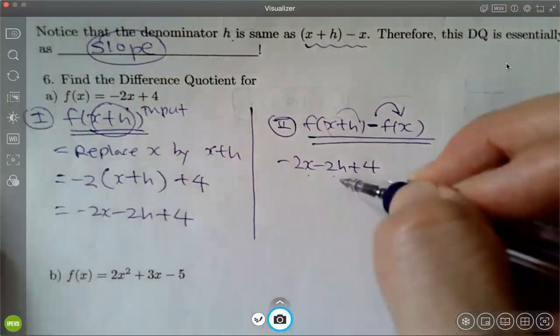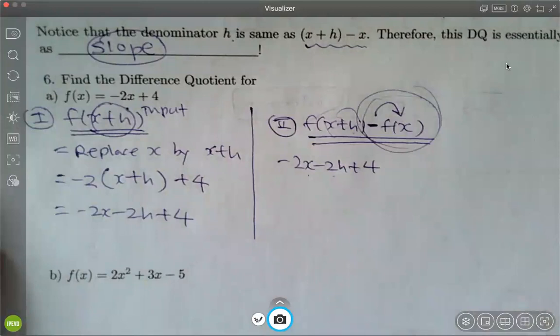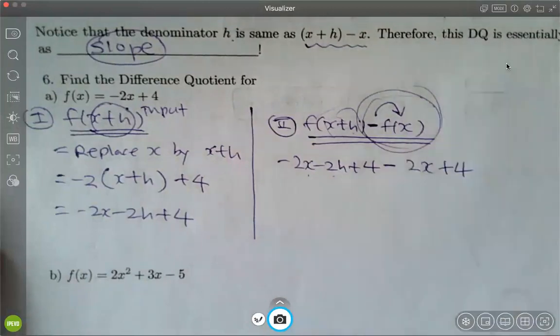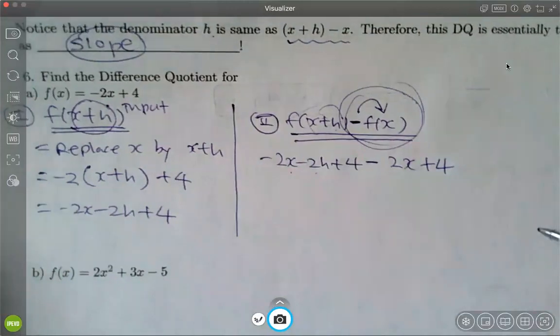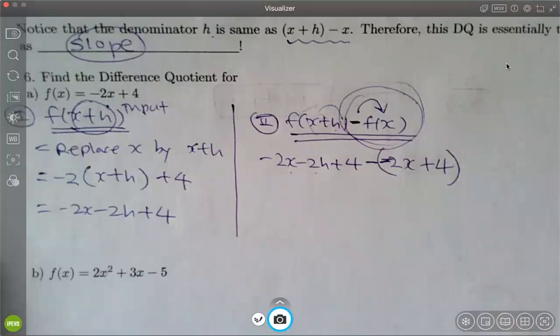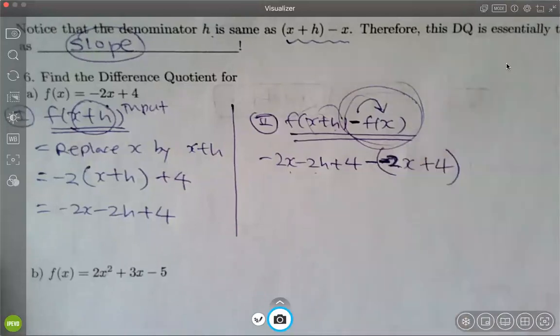So we are done with this, and now we are taking care of this part. Again, is it this one or something else? No, right? What is missing here? That, right? Okay, so minus -2x plus 4, right? Be careful.